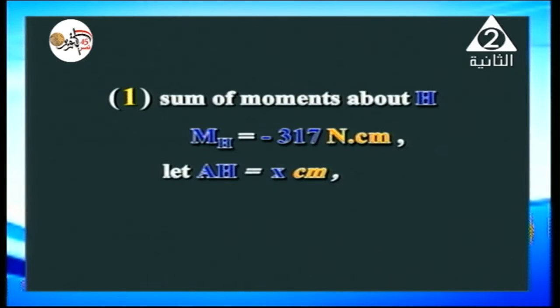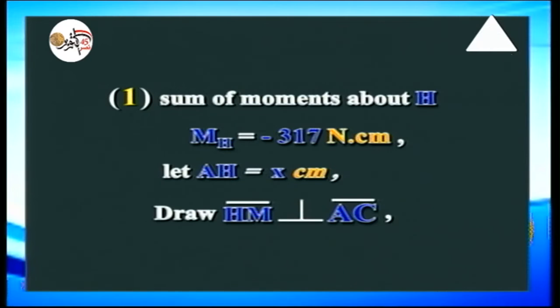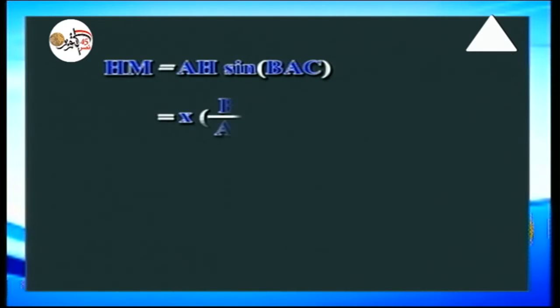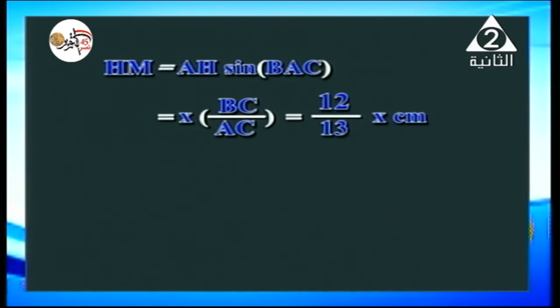Let or suppose AH equals x centimeter. Draw HM perpendicular to AC. Then HM equals AH times sine of angle BAC. By substitution, AH equals x, and sine BAC is opposite over hypotenuse, BC over AC, equals 12 over 13, so HM equals 12 over 13 x centimeter.